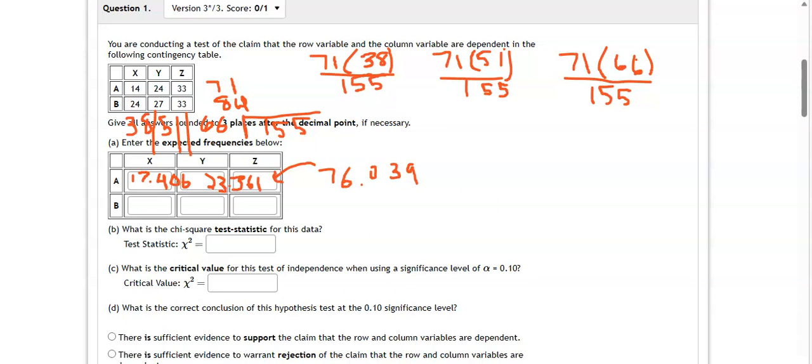I'm going to do that one more time. 38 times 84 divided by 155. Oh, okay. Yeah, I thought my answer was a little strange. So this is 20.594.